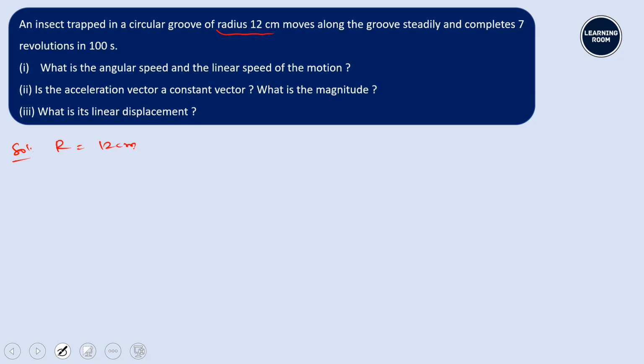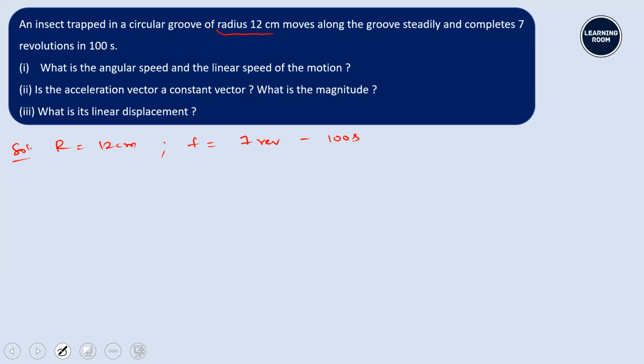Steadily in the sense it is having a uniform motion. So steadily and completes 7 revolutions in 100 seconds. So if you see the frequency, it is completing 7 revolutions in 100 seconds. Right. But I cannot write 7 by 100 because I need to define the frequency as number of revolutions per second.